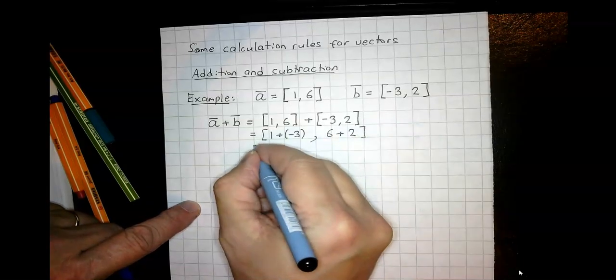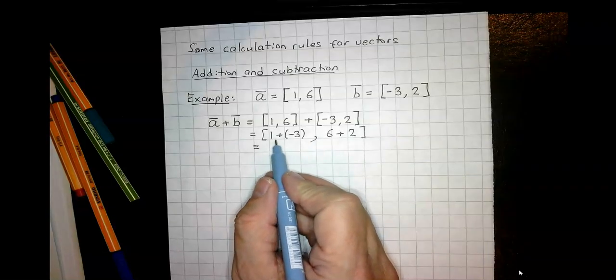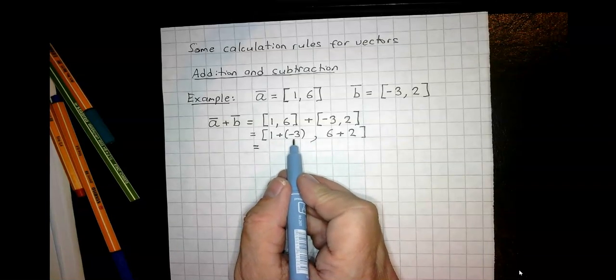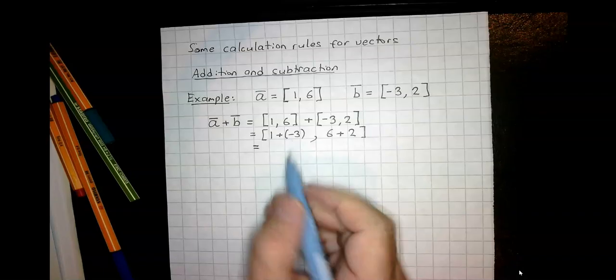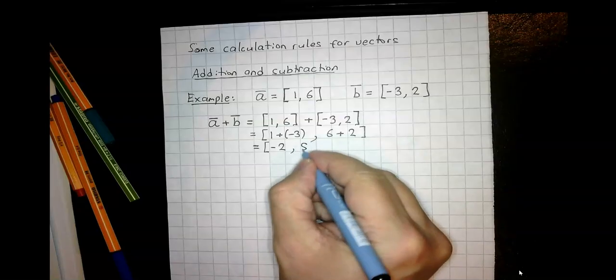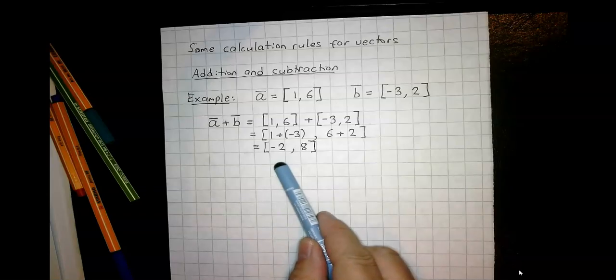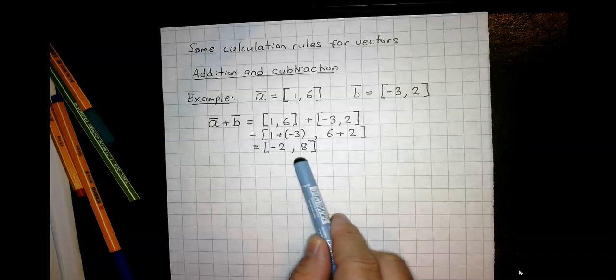So this is a very easy rule. 1 plus -3, or same as 1 minus 3, is -2, and here we get 8. So when we add these vectors together, we get the vector -2, 8.